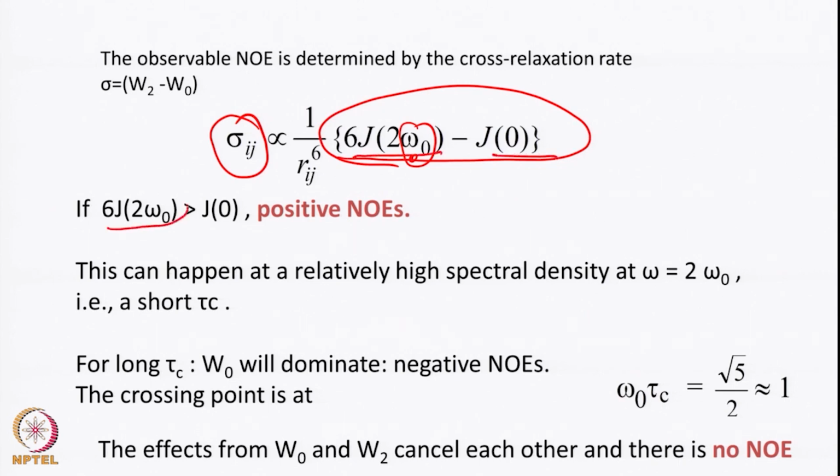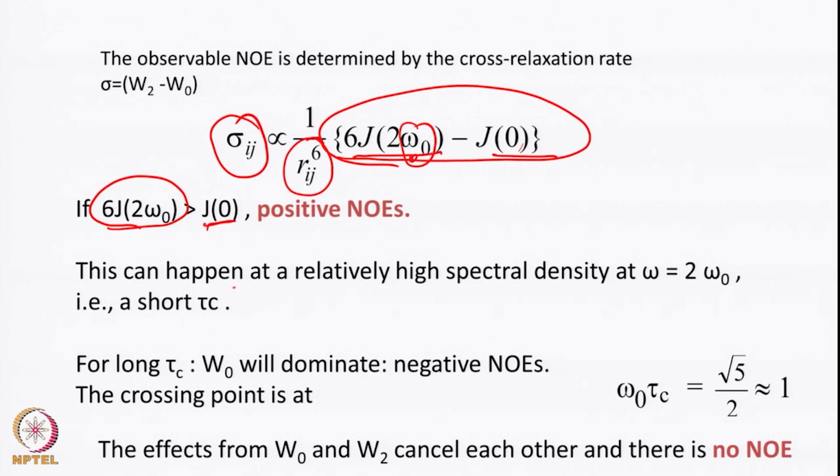If this term is higher than J0, we get a positive NOE, and that is typical in the small molecule case. Their double quantum frequency is higher than the zero quantum frequency, and the cross relaxation rate depends upon that, and it is also inversely proportional to the distance between them. So, for a small molecule this is higher, therefore we have a positive NOE.